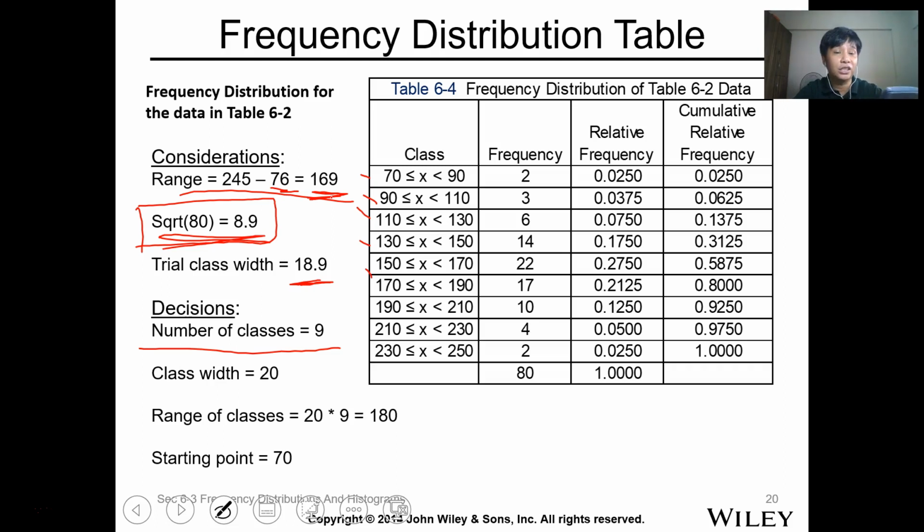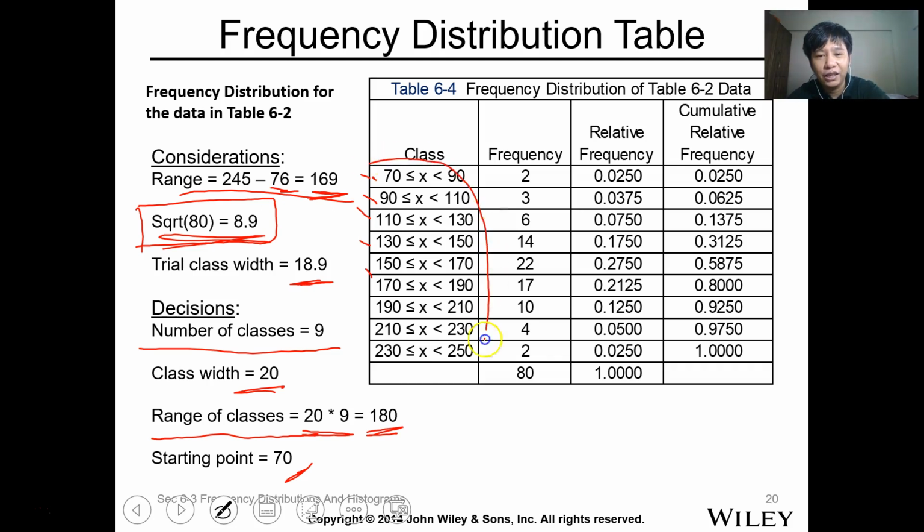Yan yun, 19. So, from there, we can have the class width as 20. And the range of class, so multiply nyo lang, 9 times 20, so 180. So, the starting point, yung convenience, 70 to 90. So, by tens, yung value, or for this case, by 20.